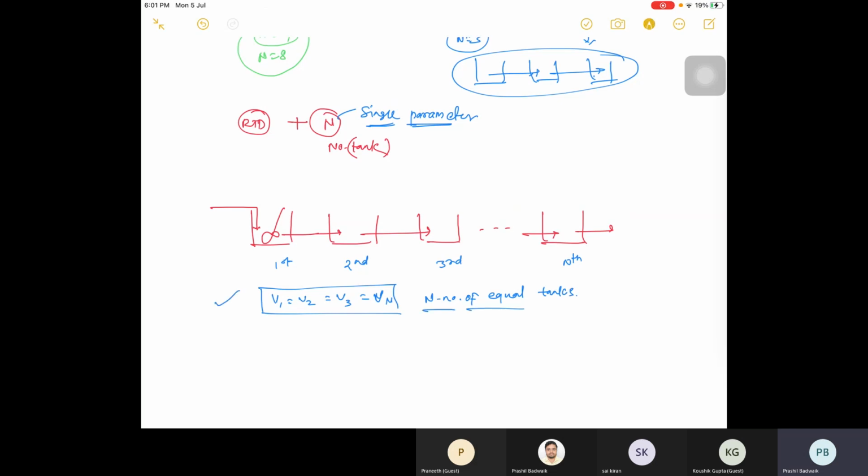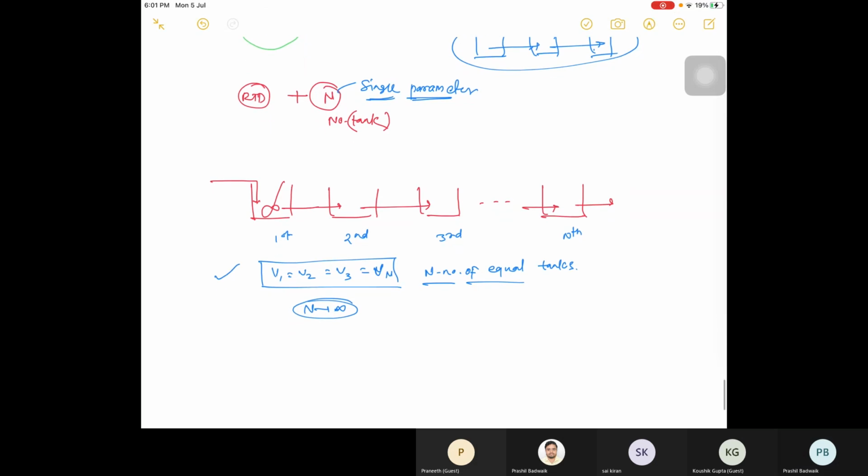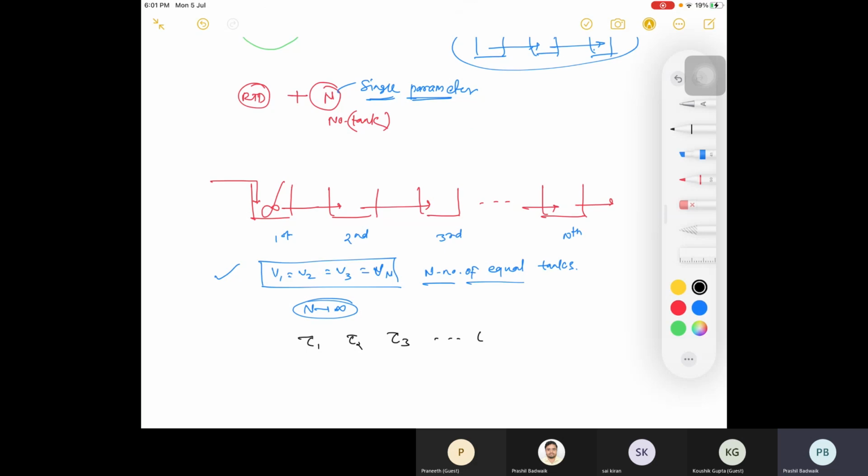Second assumption, this n is tending to infinity, right? Now, based on this, can you please tell me what will be the relation between tau 1, tau 2, tau 3, tau n, if they are having the same volume? They will be equal, right?